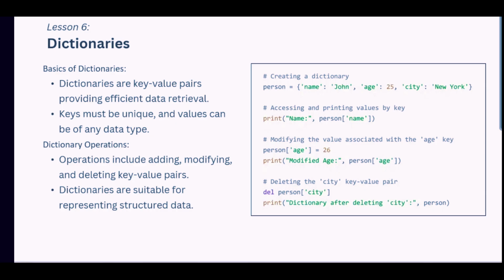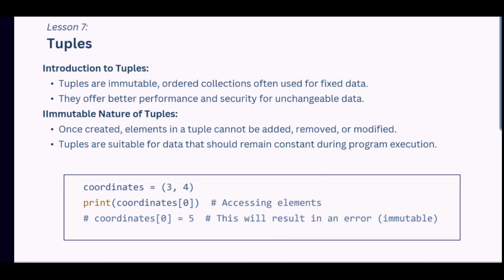Let's move to the next lesson, which is tuples. One unique property of tuple is that it is immutable, which means you cannot add or remove elements from tuples. Here, let's say a variable is there, coordinates equal to (3, 4).